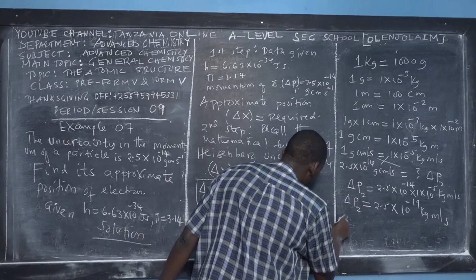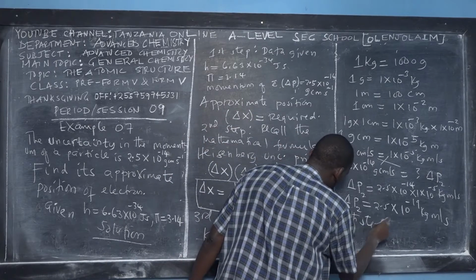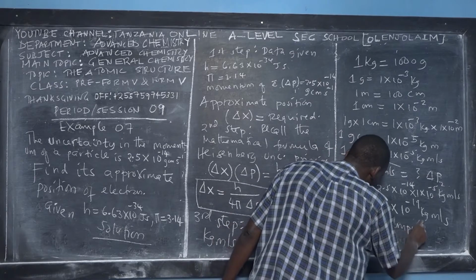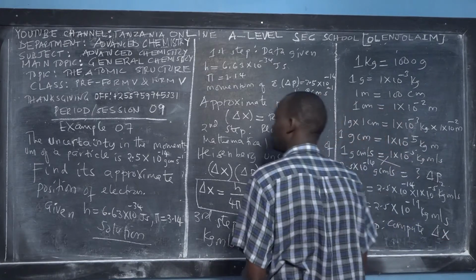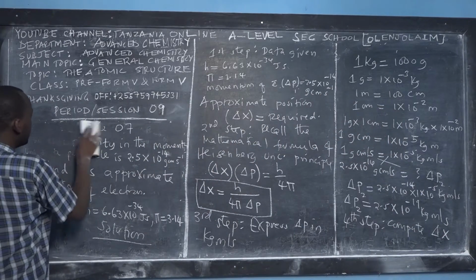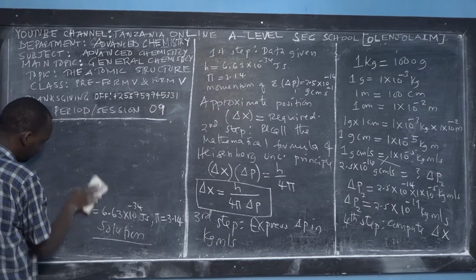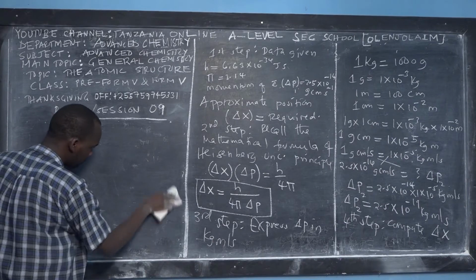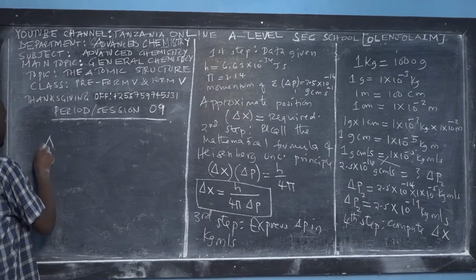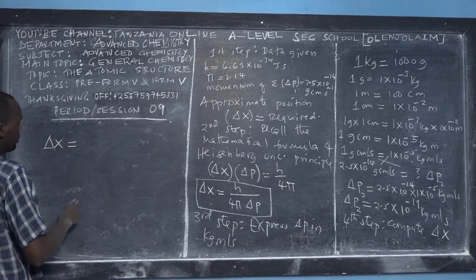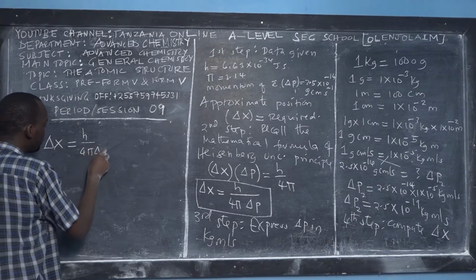Okay? So now that we have the momentum, we can determine the position. So to determine the position now, you have to go to the first step. So the first step, we say that now let us compute the estimate position, delta x. So if you compute that one, delta x is equal to Planck's constant over 4 pi delta P2.